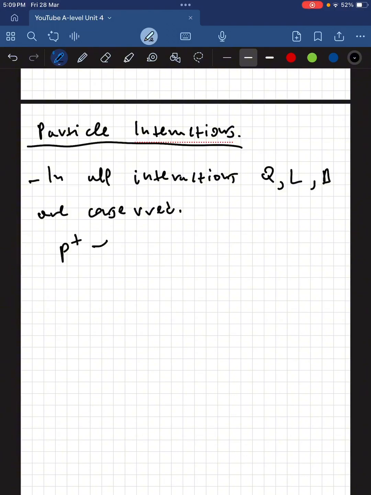For example, we cannot have a proton decaying into a positron and an electron neutrino. That cannot happen. Why? Because we have a baryon number of 1 on the left-hand side and a baryon number of 0 on the right-hand side.